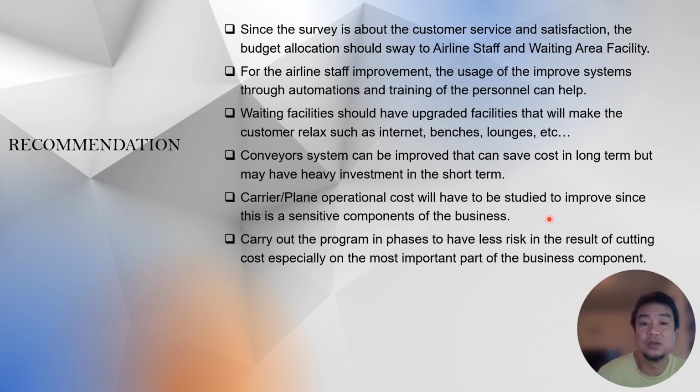That's why in my last recommendation, you have to carry out the program in phases to have less risk in the result of cutting costs, especially in the most important part of the business component, which I mentioned earlier, your carrier plane. That's the most important component of your business.